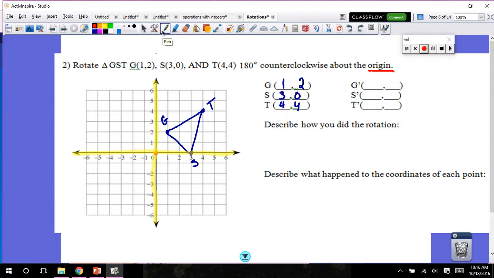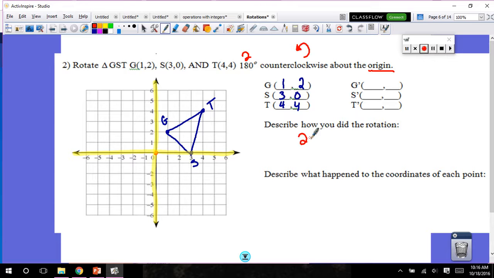Okay, now let's get into the directions and how far. Which direction? Counterclockwise. So I'm going to give myself an arrow and look at the clock to make sure I'm doing that right. How many turns?